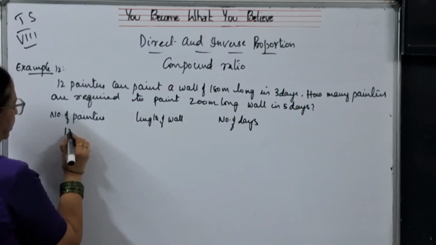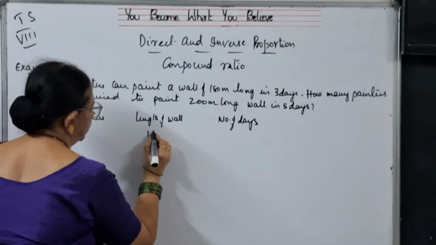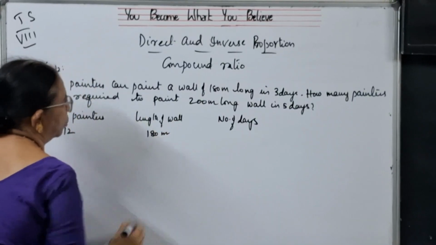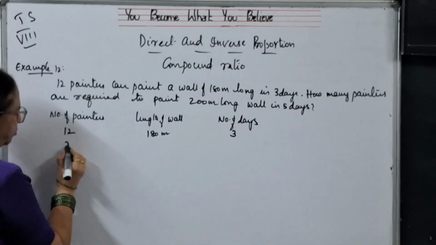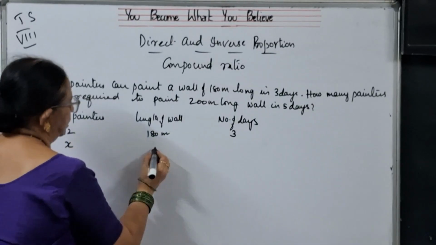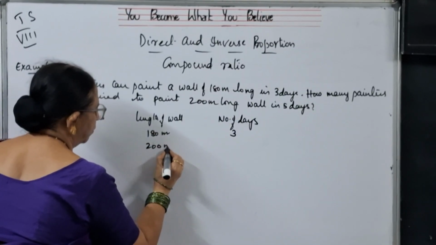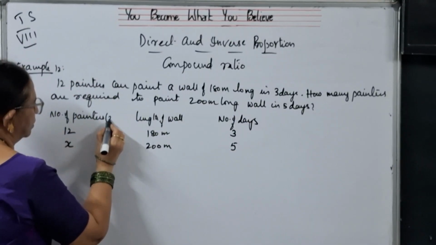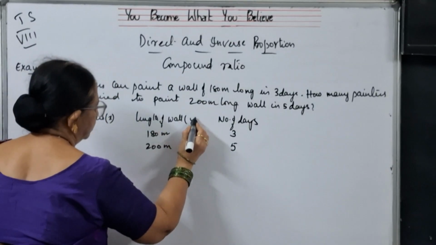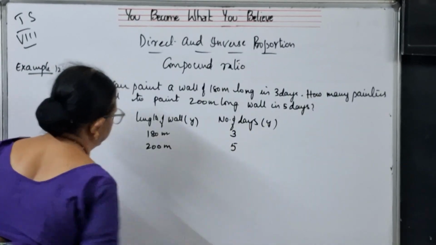So 12 painters can paint a wall of 180 meters long in 3 days. How many painters, X, to paint 200 meters long in 5 days? So X is here, so consider this as X, this is Y, and this is Y.